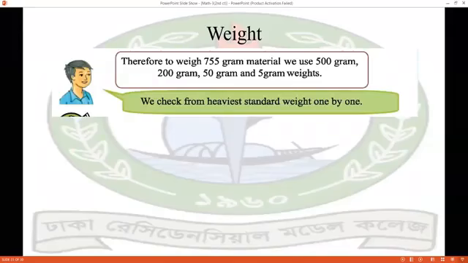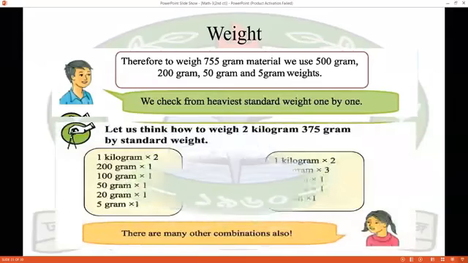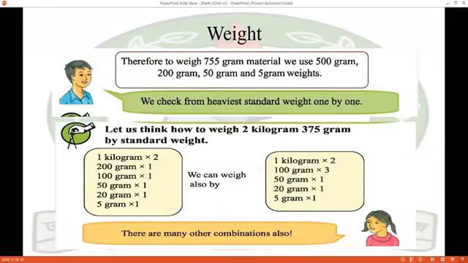We check from the heaviest standard weight one by one. Let us think how to weigh 2 kilogram 375 gram by standard weights. There are two possible ways.